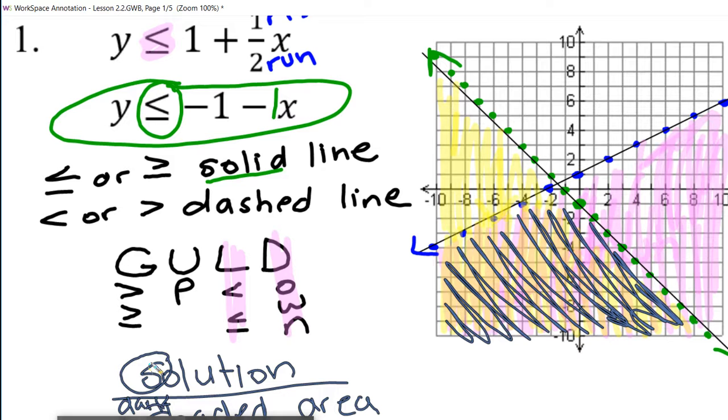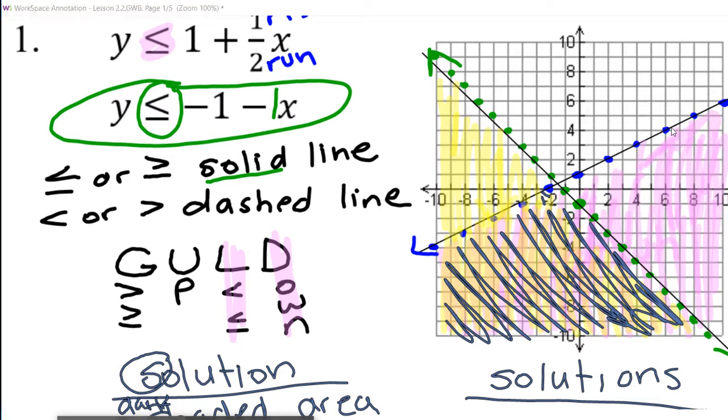So I'm going to write down some points that are solutions. In order to be a solution, it needs to be anywhere in this dark area or on this solid line or on this solid line. So give me an example. 0, negative 1. Yes, it's on the solid line that adjoins the dark area.